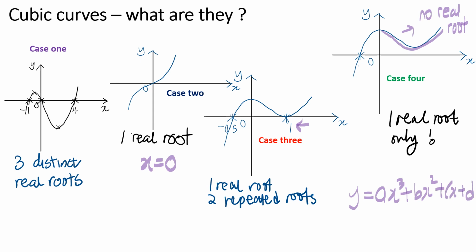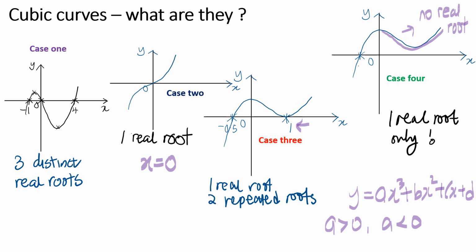So when I say there are other possible curves, it means that your a can be a positive value or a negative value. If a is positive, then the curve will be different from the curve where a is negative. However, the types of roots that the cubic curves have will be just these 4 cases.